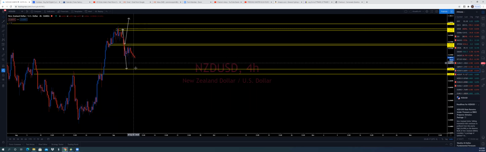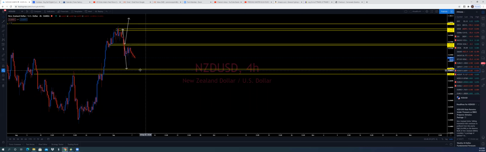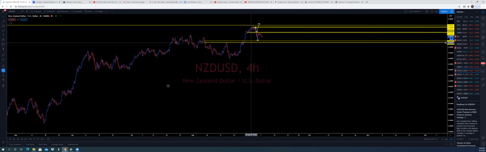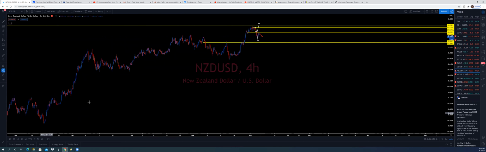And then once price gets into this price zone right here, I would like to see how price reacts to this price zone. See if we get a respect of this zone here and see if we can get NZD to continue this upward move that we've been seeing.